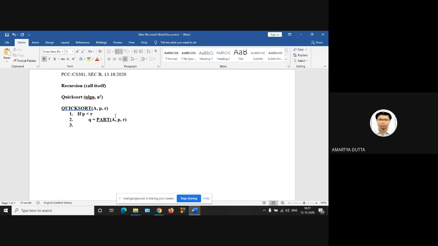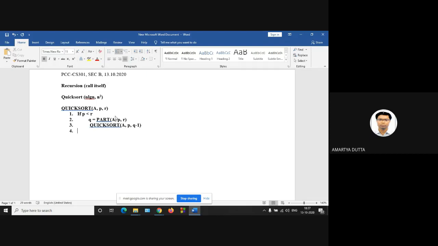Then we have to call the quick sort function, quick sort A, P, and Q minus 1.